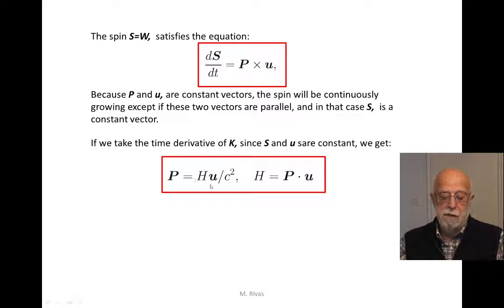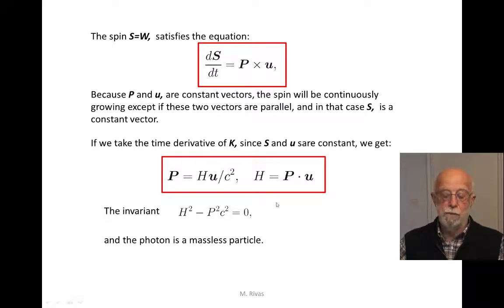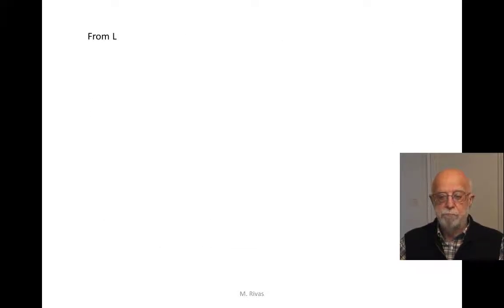Kp, in fact, is along the direction of the velocity of the point, and taking the scalar product of this with U, it takes this form. Well, this is in fact the energy and linear momentum of a photon related to the velocity of that photon. Now, these two satisfy this invariant equation, and therefore this object is a massless object. It's a massless particle. So the description of an object of this kind represents a massless particle.